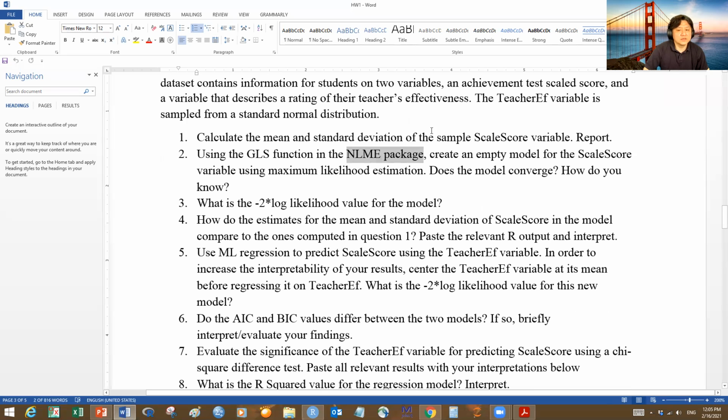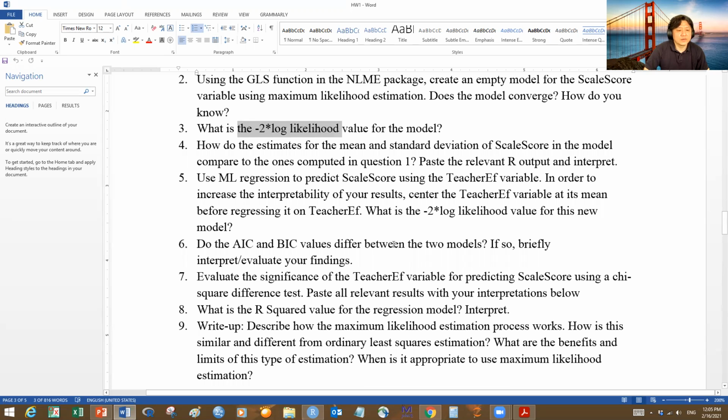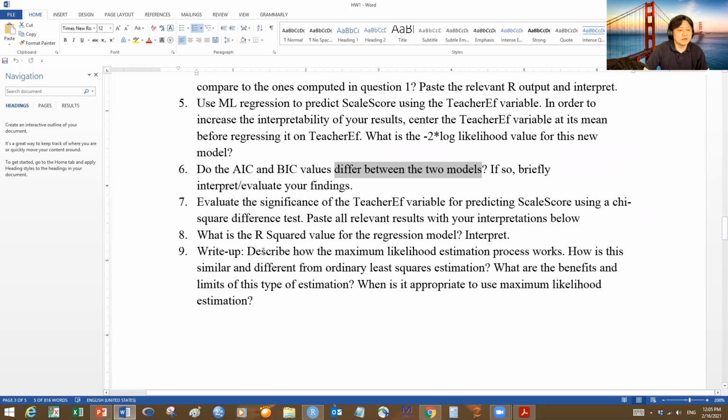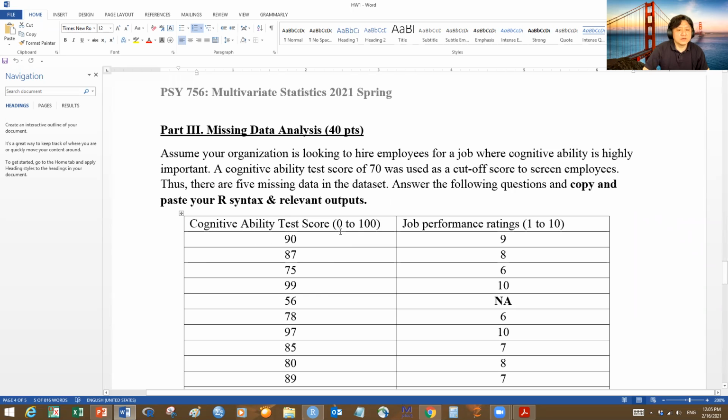You can see the example from my R code, and what deviance is, and you need to answer these questions, such as whether AIC and BIC values differ between the two models. This is part two, and part three is about missing data analysis.